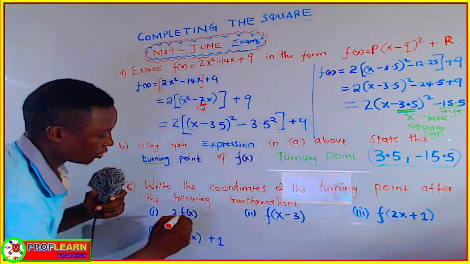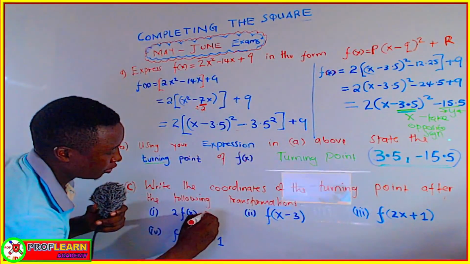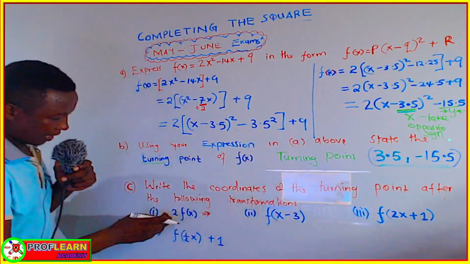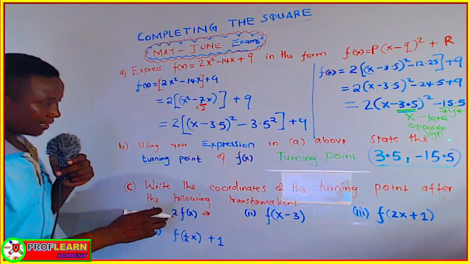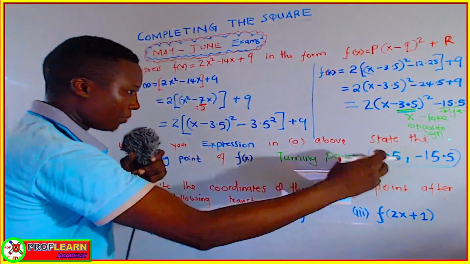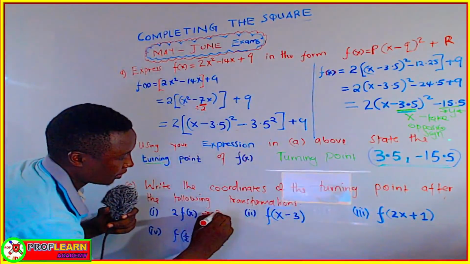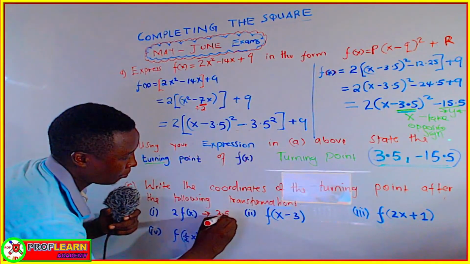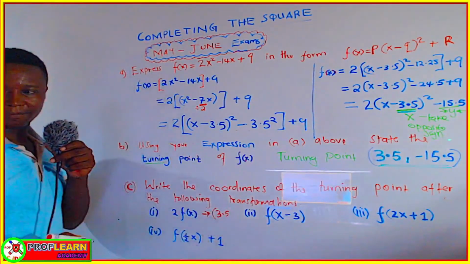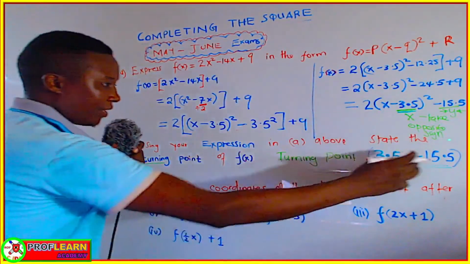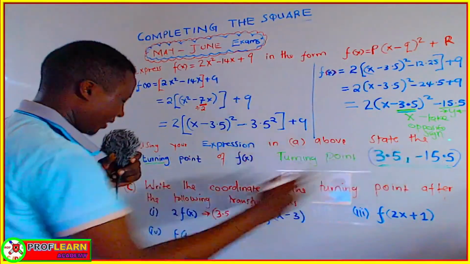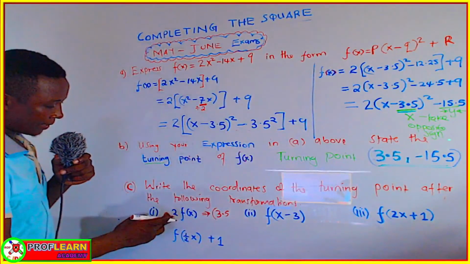So this turning point is going to become, because we have a transformation outside the bracket, 3.5 will remain the way it is. And then the y coordinate is going to be multiplied by 2.